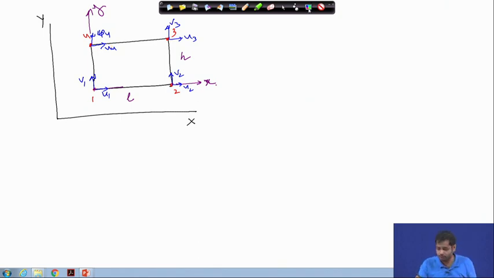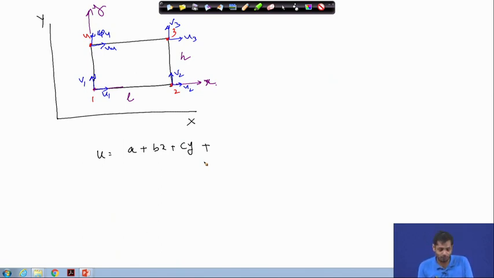The first step is to have an expression for u and v, the field variables. Here it is two dimensional, so the expression will be a plus bx plus cy plus, and this is very important, the last term. For the time being, you take it for granted.